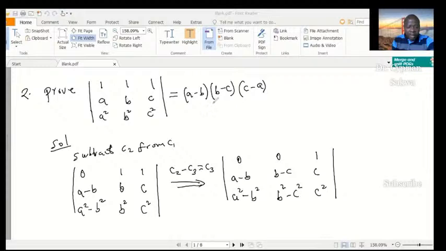Then in the next step, I thought of how do I get B minus C, and discovered that since C is in column 3 and B is in column 2, I need to subtract column 3 from column 2. And that's what I did here.